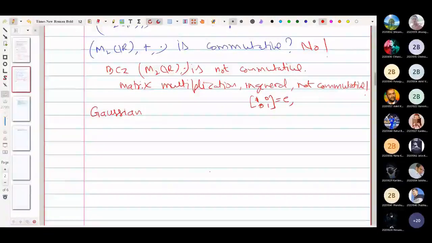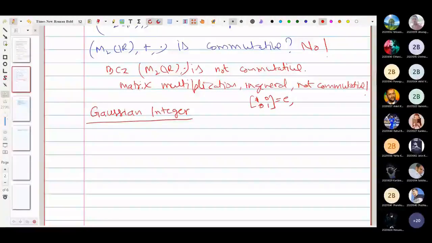So it has identity and units also, but you need to specify what the units are. Units are all those 2 cross 2 matrices with non-zero determinant.